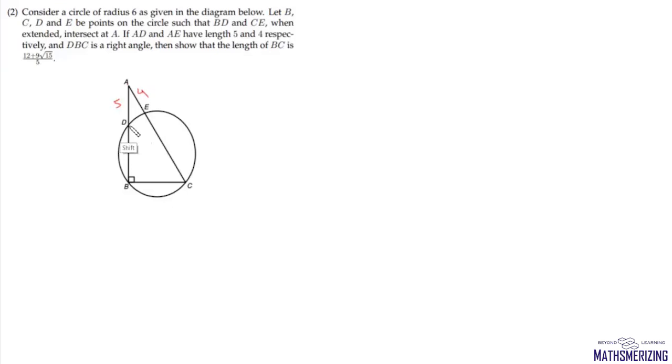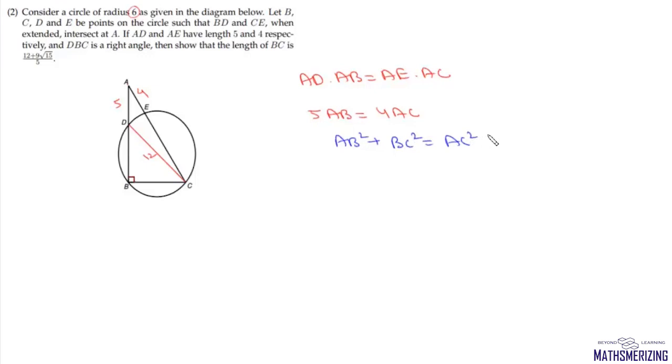So what we'll do is, we'll join this CD. Now we know that in a circle, AD into AB must be equal to AE into AC. Now AD is 5, so we'll get 5 AB equal to 4 AC. Now in this triangle ABC, we can write AB square plus BC square, and it should be equal to AC square.